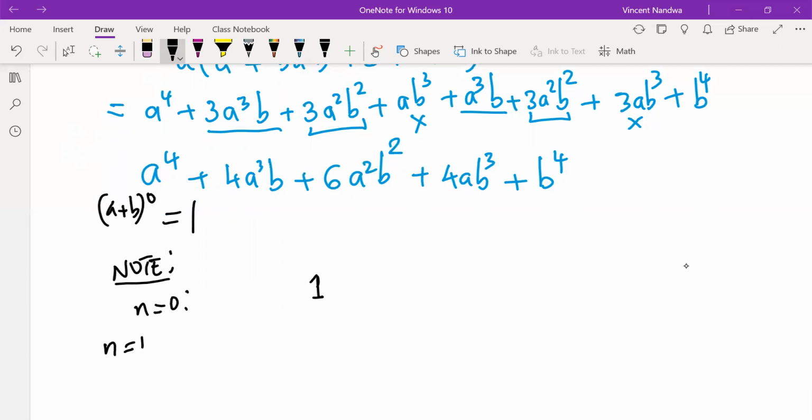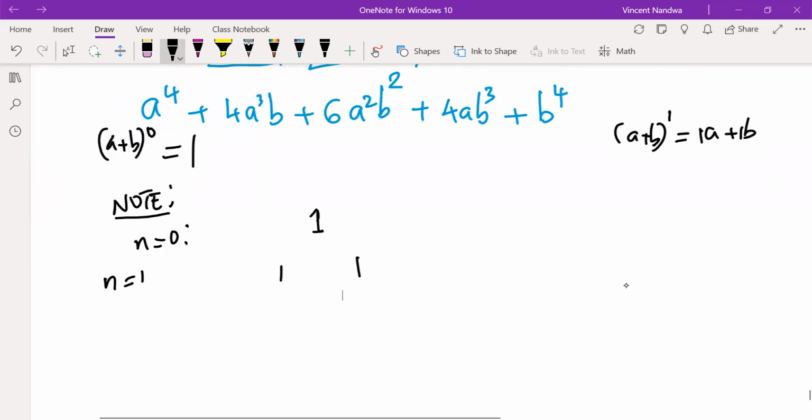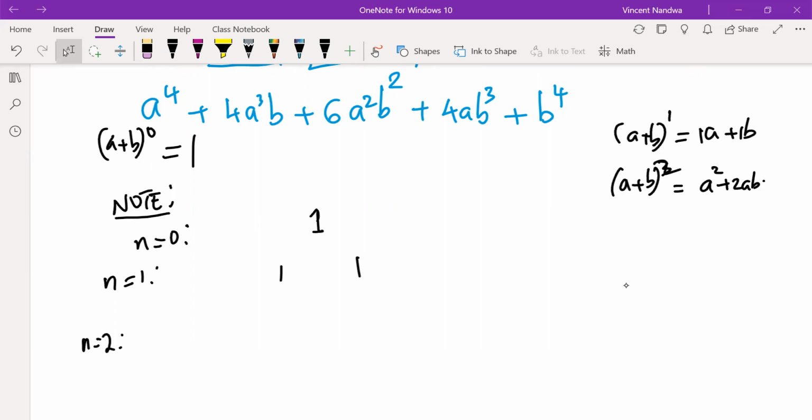When n is 1, (a + b)^1 was a plus b, so the coefficient here is 1, here is 1. So you have 1 and then 1. When n is 2, we found that (a + b)^2 is a squared plus 2ab plus b squared. So here the coefficient is 1, this is 2, this is 1. So you have 1, 2, and then 1.